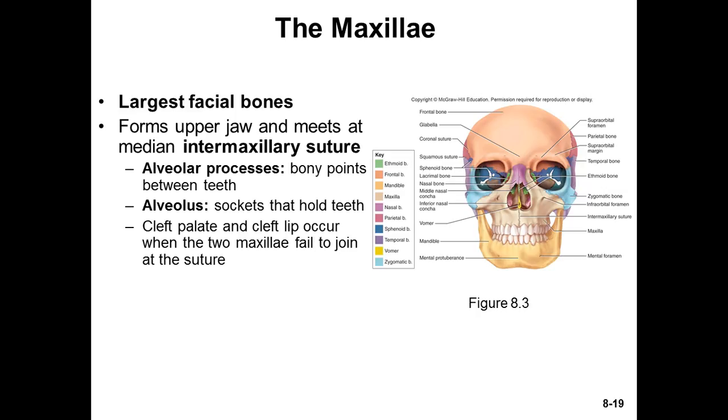Alveolar processes are the little bone between your teeth that projects down. The actual socket that holds the tooth is called the alveolus.